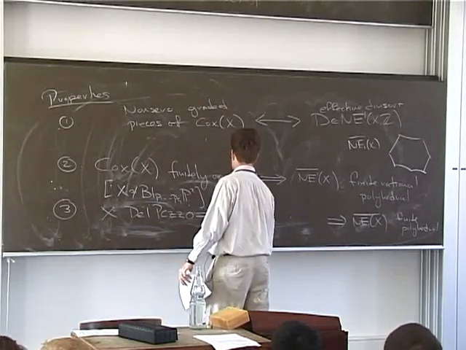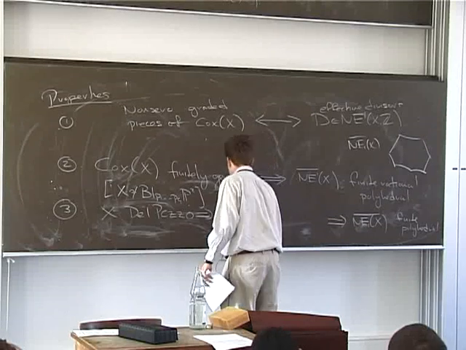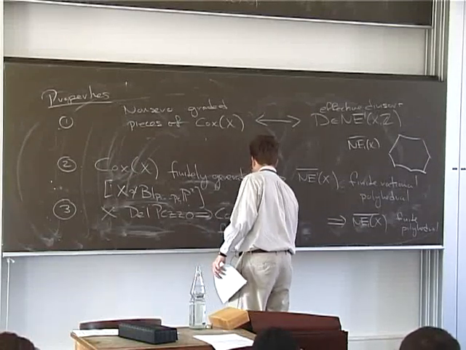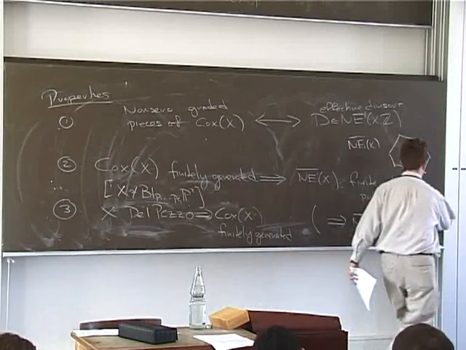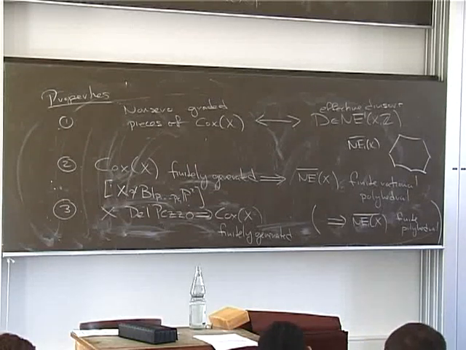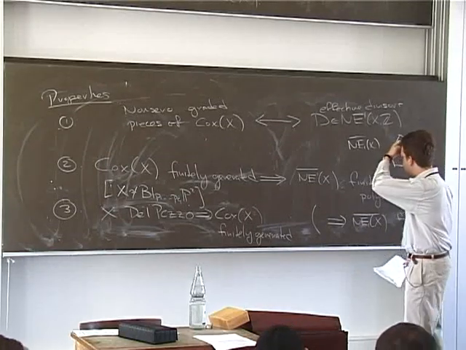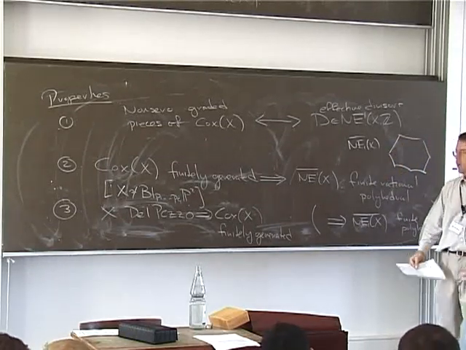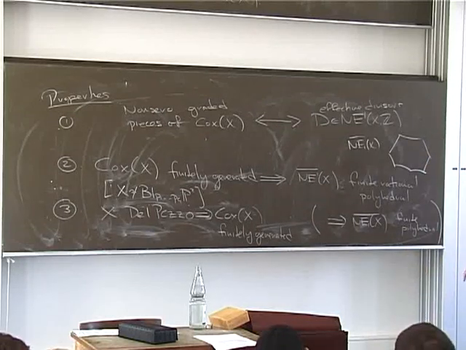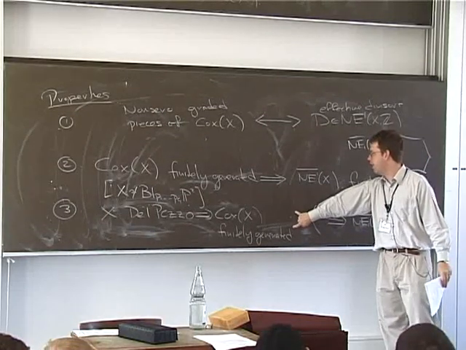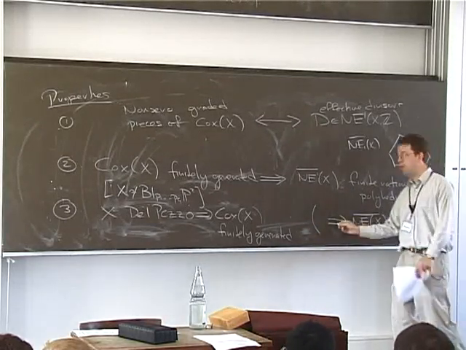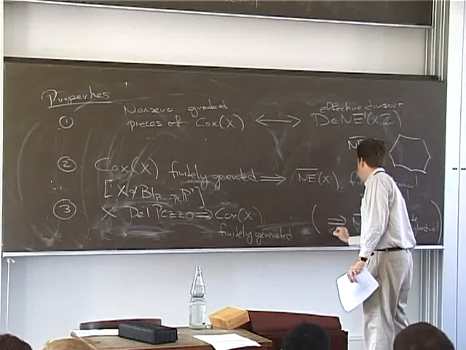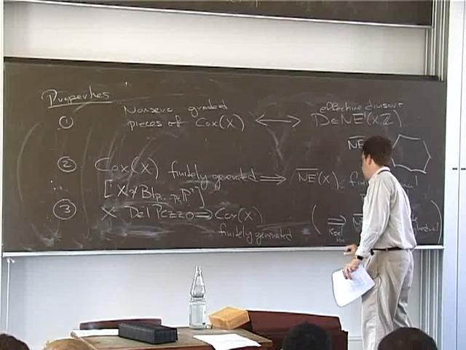So this implies that Cox X is finitely generated, and that in turn implies that it's finite polyhedral. I'm playing fast and loose because I have a surface. Although the Cox ring being finitely generated does imply that this is finite polyhedral, this implication in general is a theorem of Hu and Keel in arbitrary dimensions.